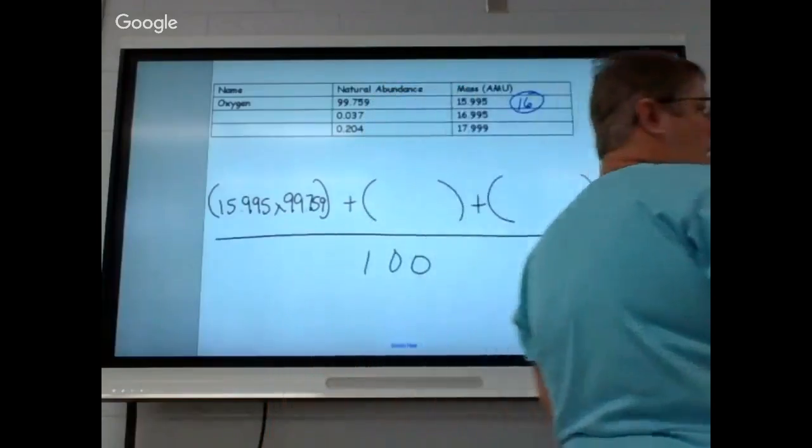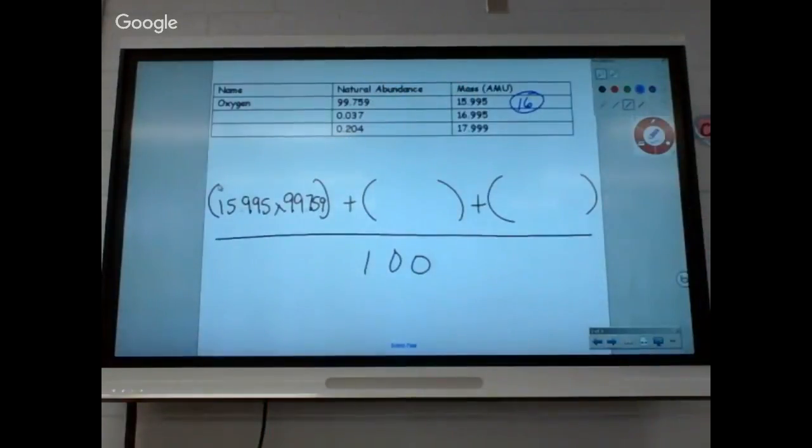All right, so most of the oxygen on the planet is oxygen 16. The oxygen that we breathe, 99% of it is oxygen 16. However, that's not the only oxygen on the planet. There are 2 other isotopes of oxygen, so that's why the mass of oxygen on the periodic table is not strictly 16 with no decimal places.